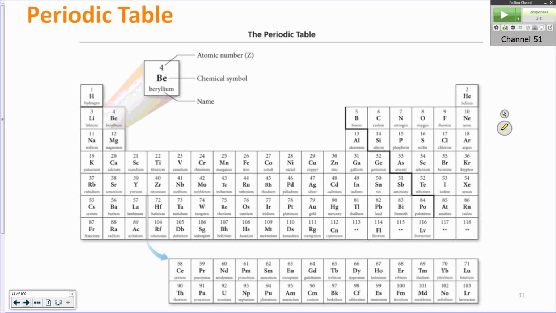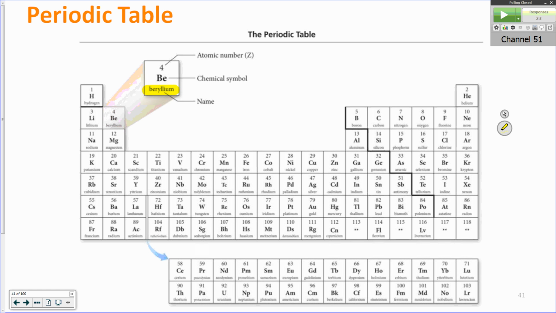So the organization of the periodic table varies with the different tables. Some have the element's name. The old hard copy textbook used to have the element names on the front cover, so if you weren't familiar with names, you could see that.